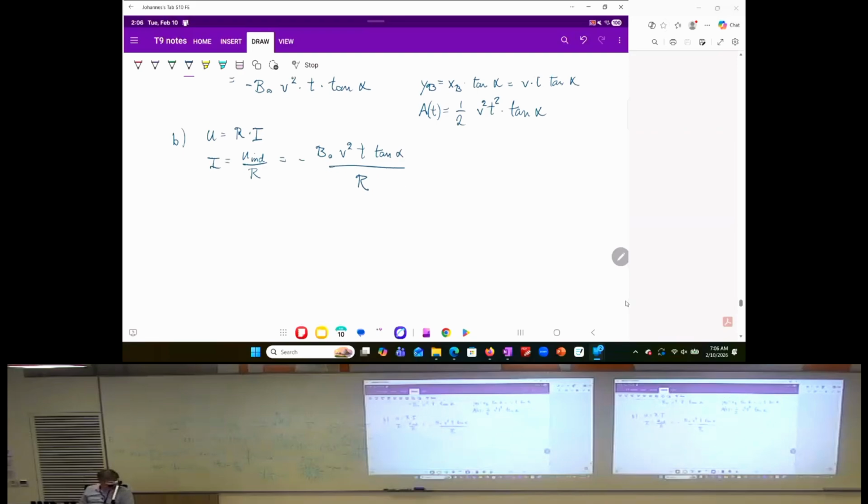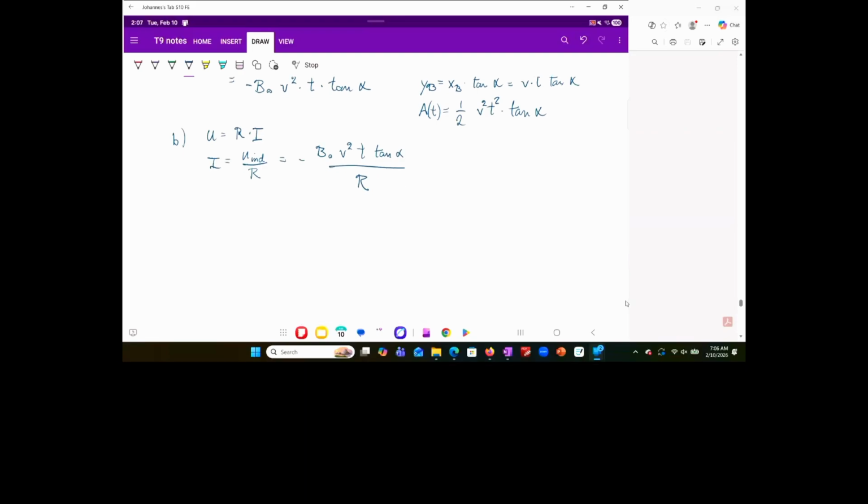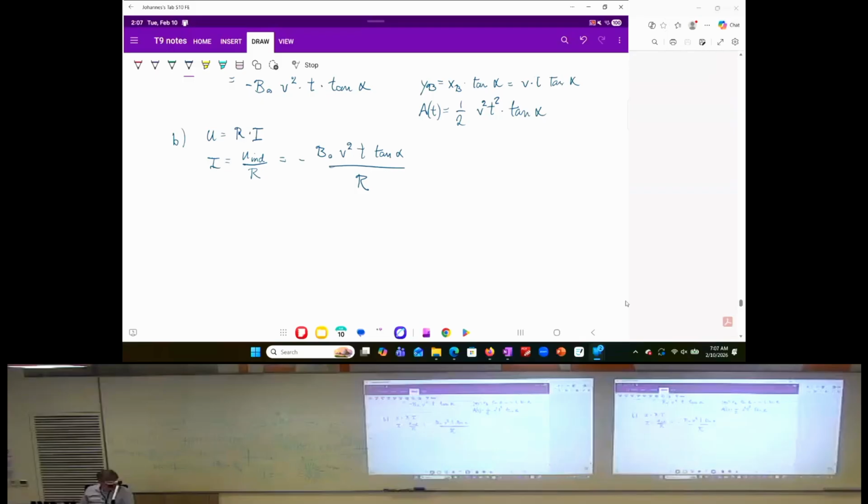And now the magnetic force acting on the moving sliding wire, that is the next question asked. So what is the magnetic force on the moving wire? You have the force from the Lorentz force.